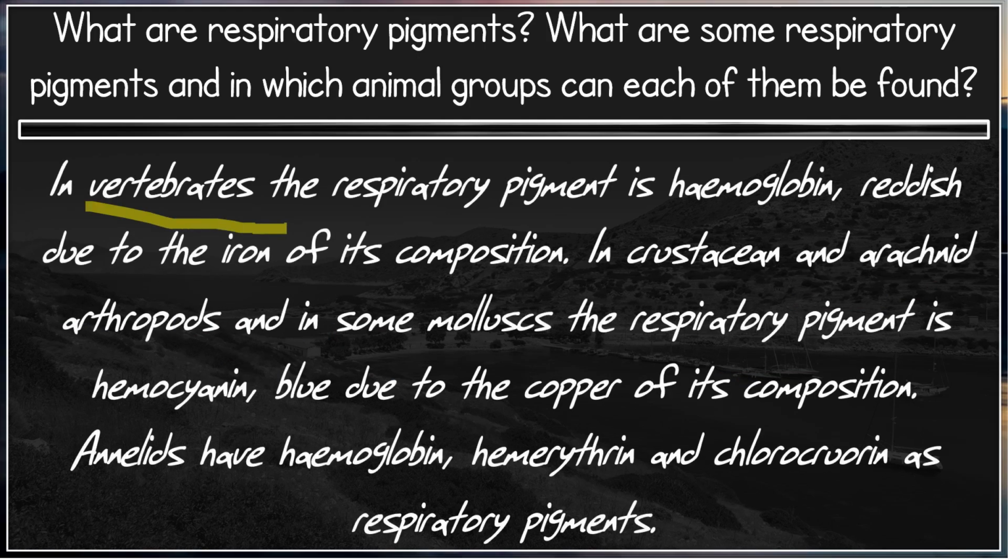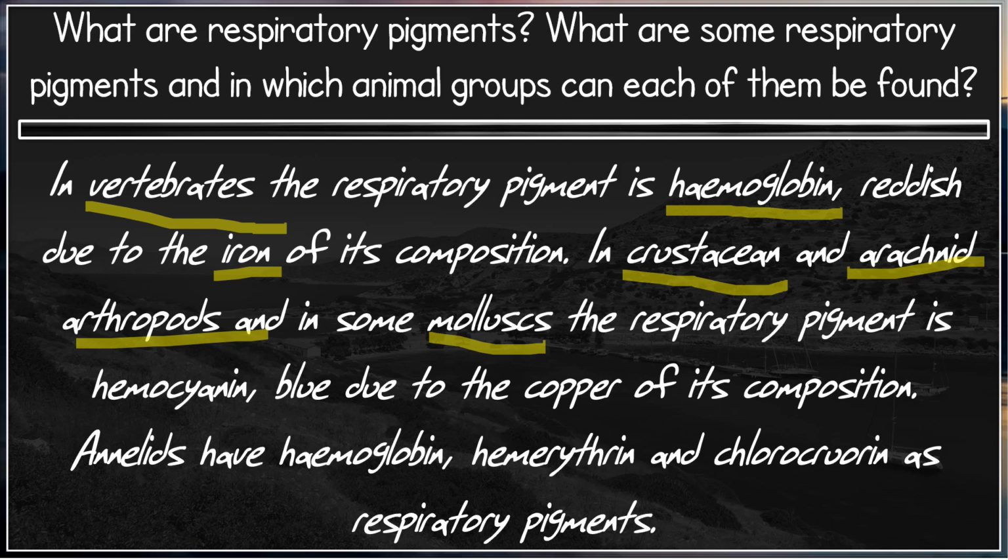In vertebrates, the respiratory pigment is hemoglobin, reddish due to the iron in its composition. In crustacean and arachnid arthropods, and in some mollusks, the respiratory pigment is hemocyanin, blue due to the copper in its composition. Annelids have hemoglobin, hemerythrin, and chlorocruorin as respiratory pigments.